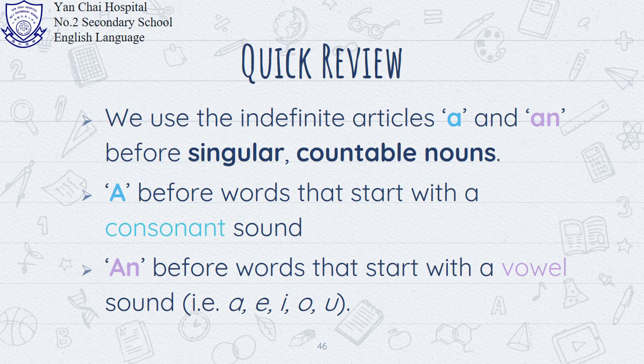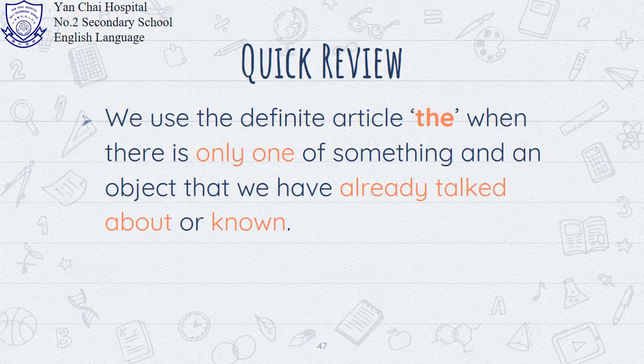We use an before words that start with a vowel sound. We use the definite article the when there is only one of something, and an object that we have already thought about or known.